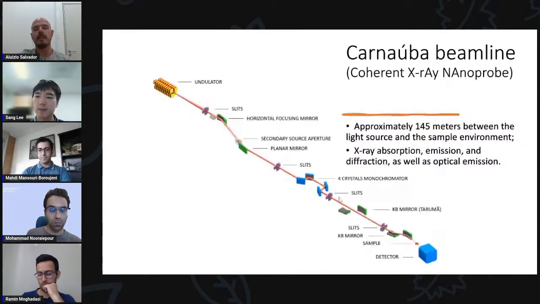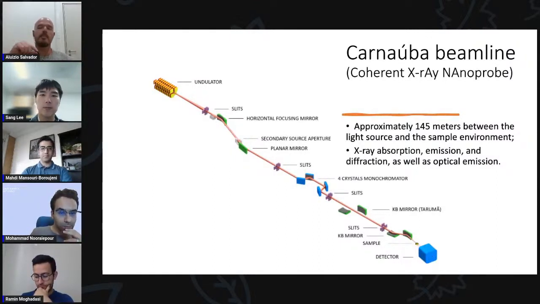Along this path, it is set up with mirrors, slits and monochromators with the goal of demagnifying the synchrotron light so it can reach the sample with a nanometric beam spot. That's why this beamline is called a nanoprobe.